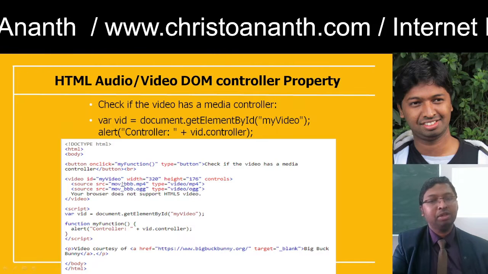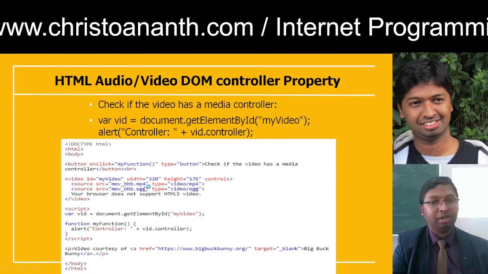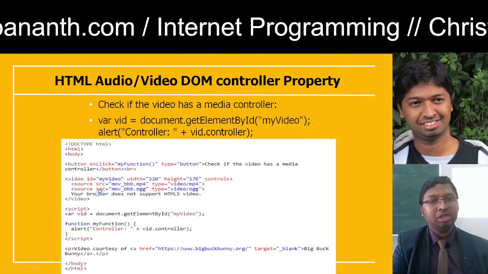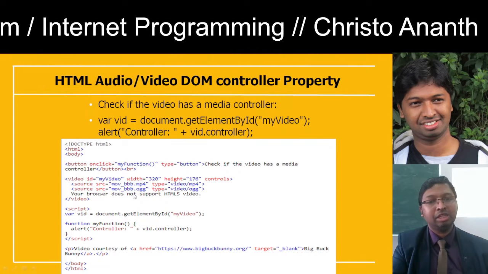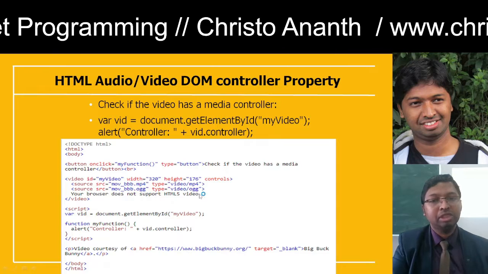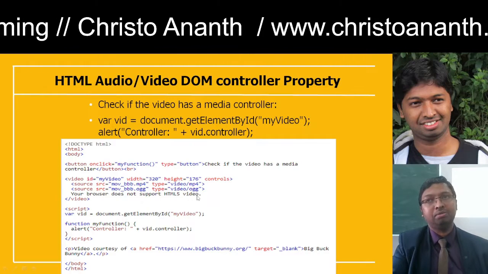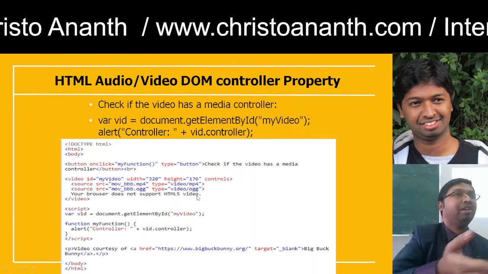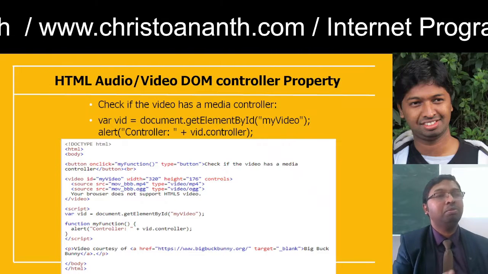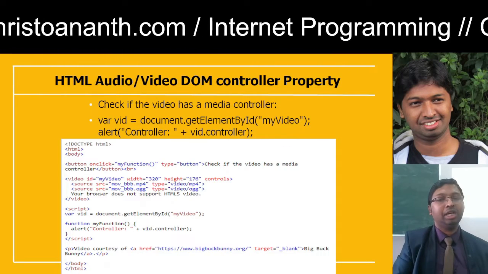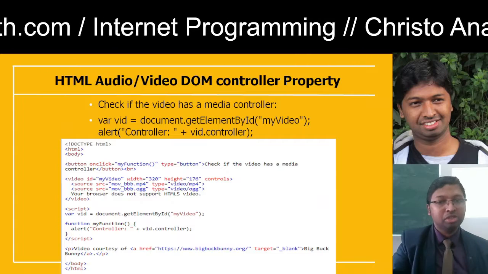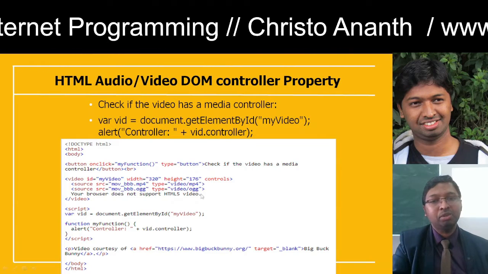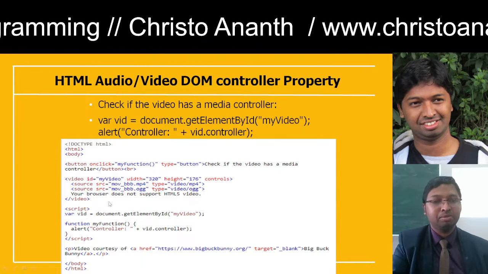Source that is nothing but the bbb.mp4 video. Then source src, it is nothing but bbb.ogg, type is ogg. So normally, if you have a WhatsApp video, it will be in .ogg, but others will be mp4. Then your browser does not support HTML5 video, that you will be specifying.